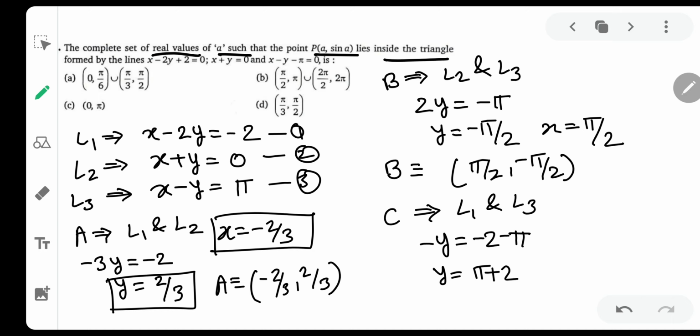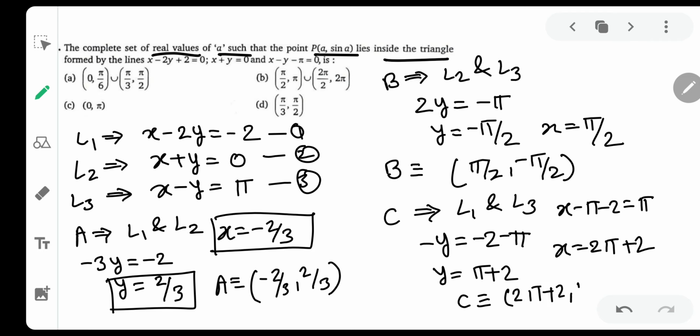Now substituting the value of y in equation 3, we get x minus pi minus 2 equal to pi, so x comes out to be 2 pi plus 2. So we got our point of intersection C of L1 and L3, which is (2 pi plus 2, pi plus 2).